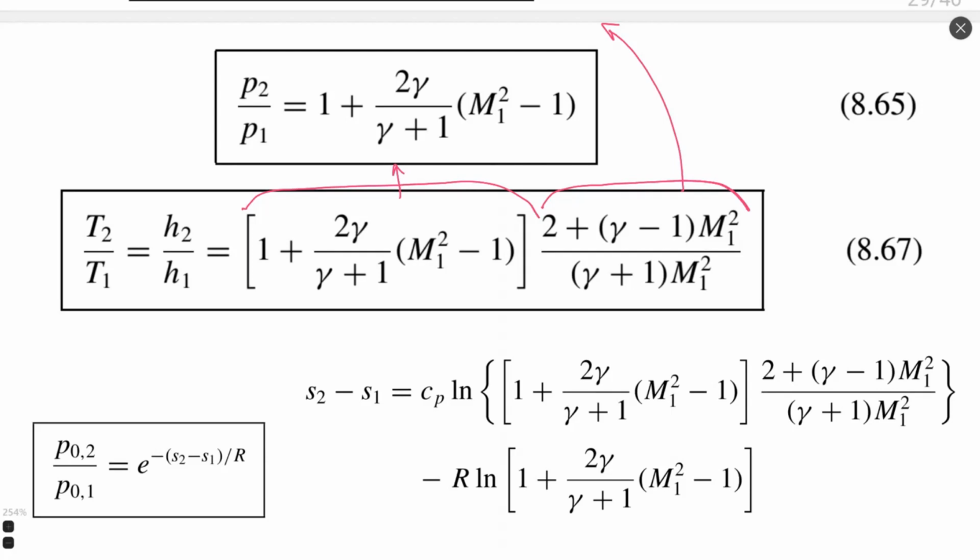Definitely we have efficiency less than 100%. So if you would like to obtain something that is smaller than 1, we divide P01 by P02. Here in the Anderson book it is the reverse.